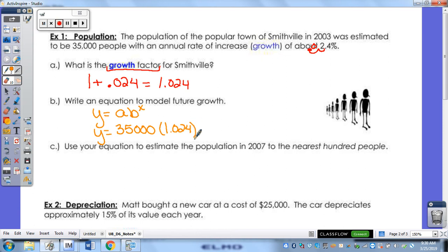B is our growth factor, which we just found to be the 1.024 number. And then X is going to stay as X. We don't know how many years. It just said write an equation to model future growth. So we leave that as X for right now.